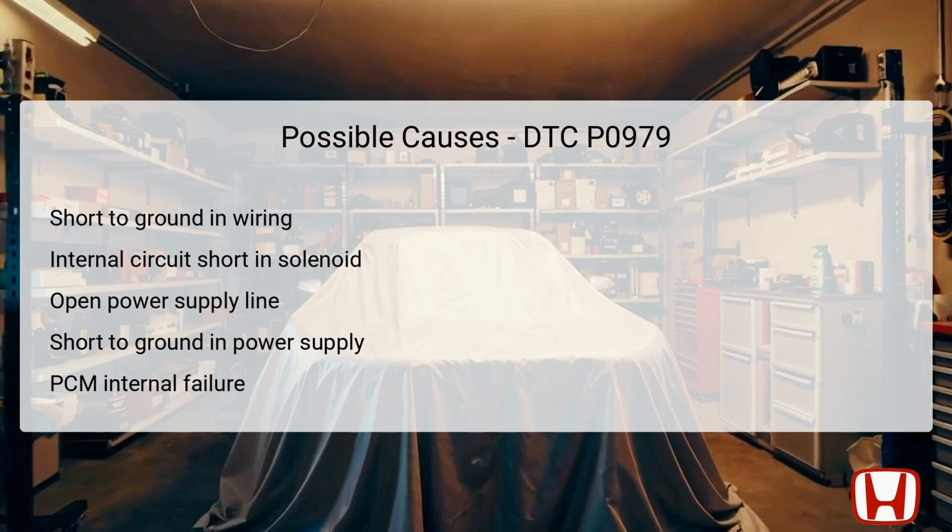Another potential cause could be an open power supply line, which would interrupt the solenoid's ability to receive the necessary voltage. Additionally, a short to ground in the power supply can lead to similar symptoms, effectively cutting off power to the solenoid. Lastly, a failure within the Powertrain Control Module, PCM, itself could also lead to erroneous readings or commands being sent to the shift solenoid, thus triggering the DTC.